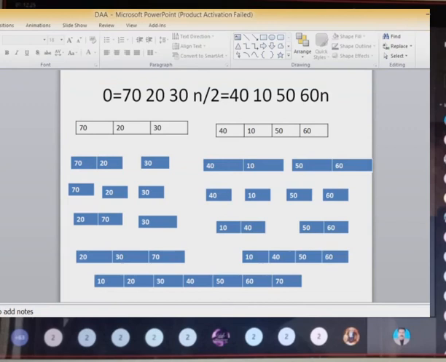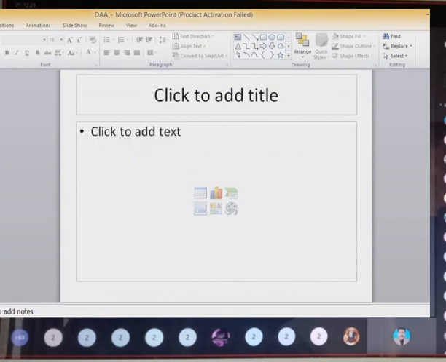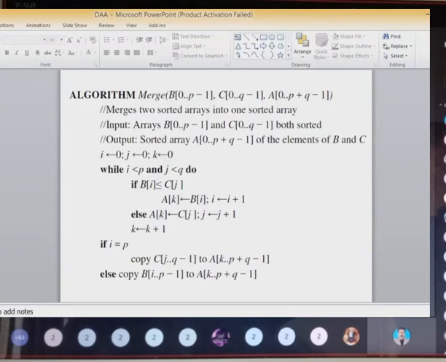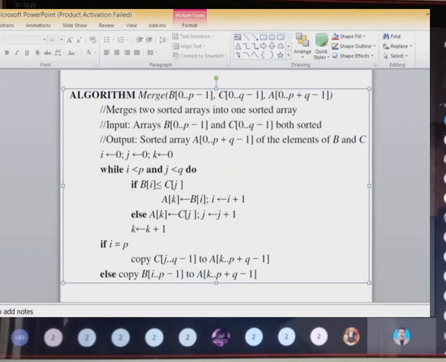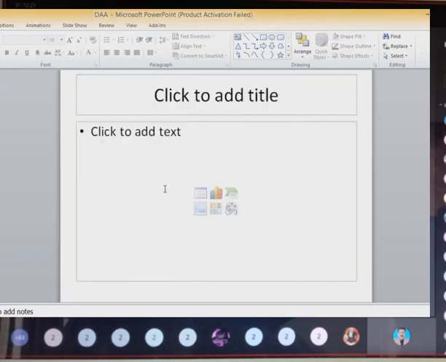Now we are going to do the iterations. Consider the same example. Consider the pseudocode.